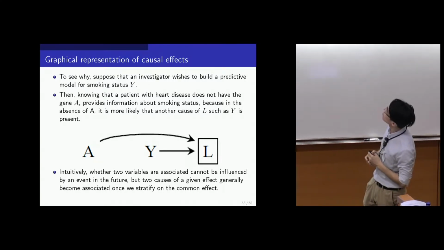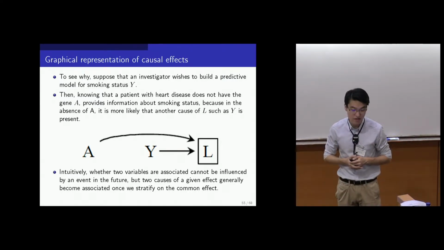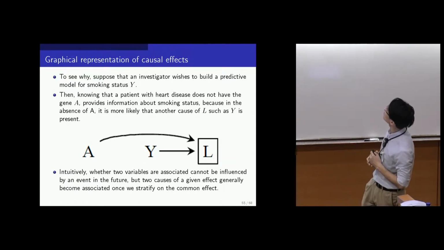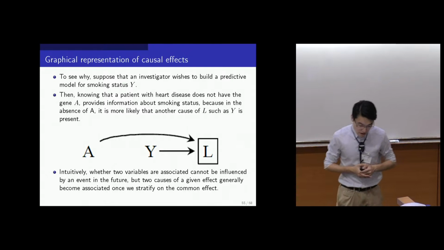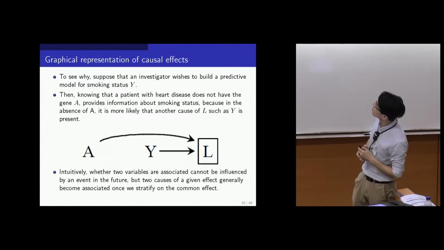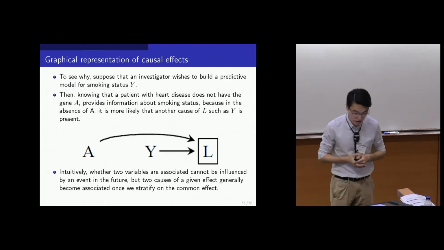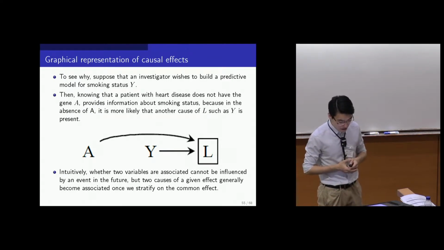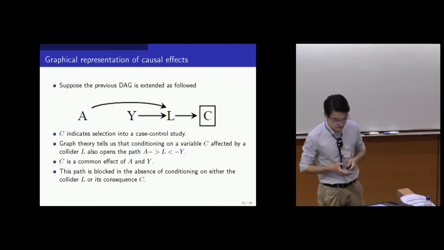Because both of these contribute to the development of the heart disease. So conditioning on a person with heart disease, the gene and the smoking status will be associated. This is intuitively why A and Y are conditionally dependent once we condition on this collider L. Two causes of a given effect generally become associated once we stratify on the common effect.